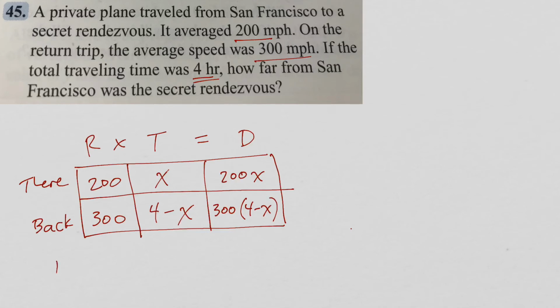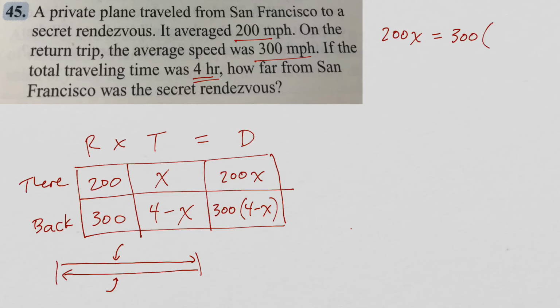This is a round trip. In other words, we're starting here, we're going here, and we're coming back. We know that these distances are equal in a round trip. So that's the equation. 200x is equal to 300 times 4 minus x. So 200x is equal to, I'll distribute and get 1200 minus 300x.